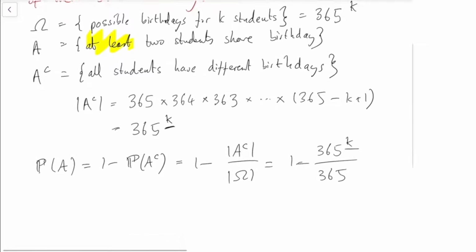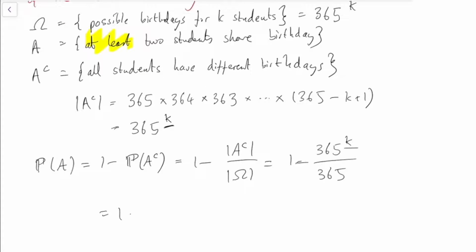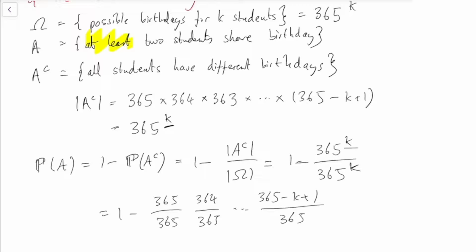Or, if you prefer to write it out longhand, it's 1 minus 365, 364, etc., down to 365 minus k plus 1. And sorry, I missed out the power k there: 365 to the k on the bottom, and you could put all the 365s on the bottom out separately if you like.